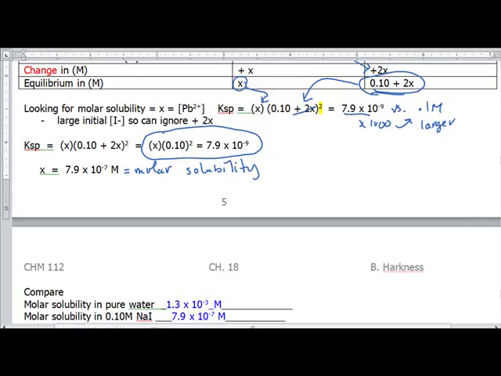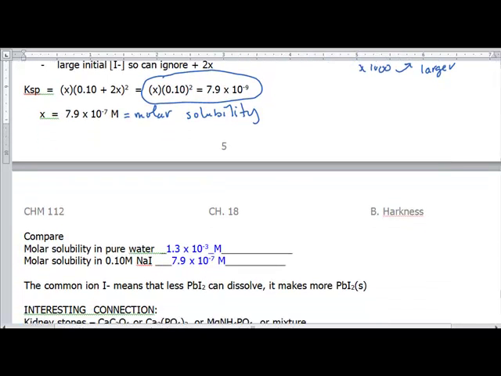So what happened? Compare in pure water, molar solubility was 1.3 times 10 to the minus 3. And now in NaI, look how much smaller this is.